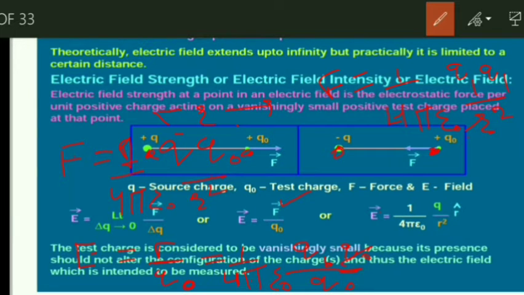This will cancel out, and hence we are left with electric field E is equal to 1 over 4 pi epsilon naught q over r square. So friends, this will be electric field.